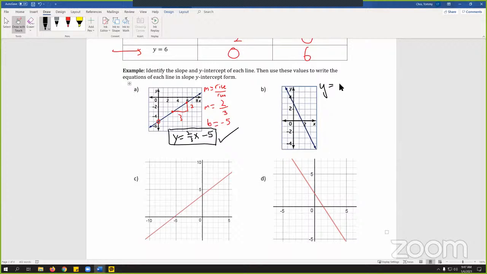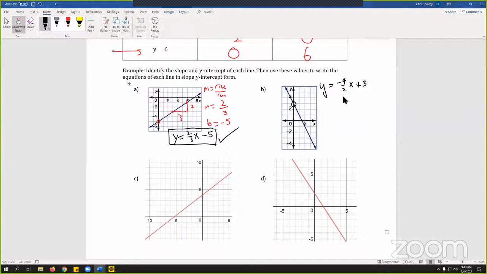Y equals, so you have y equals -4 over 2 plus 2. You're missing your x, which would go here, right? But it's not plus 2. So we're going to quickly fix this. You should have gotten -4 over 2x plus 3 because this is 3. So where it touches the y-axis is 3 here.